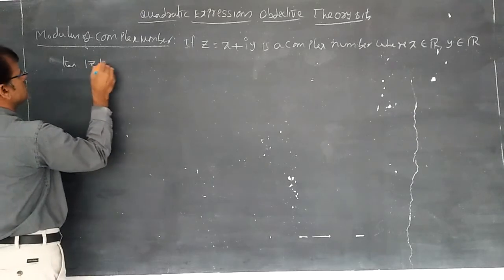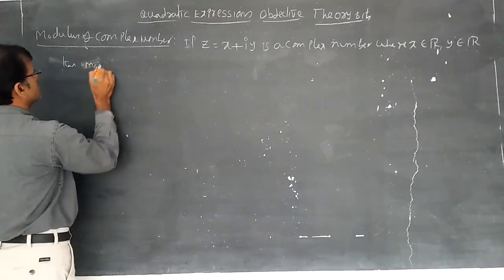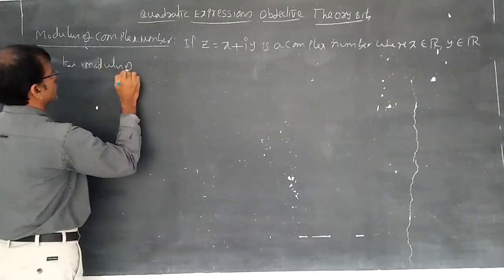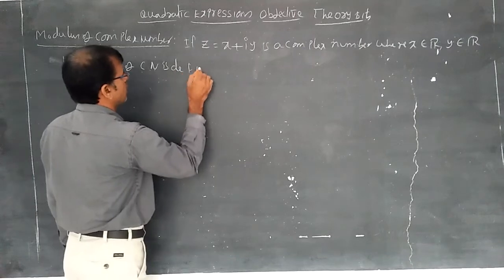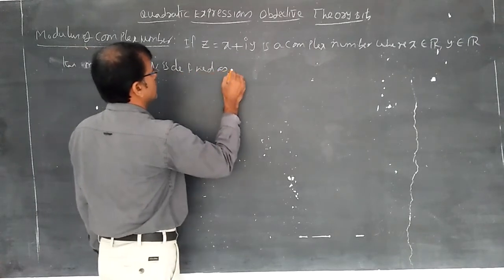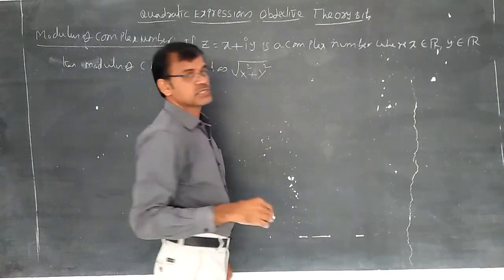Then if z = x + iy is a complex number where x, y belong to R, the modulus of the complex number is defined as the root of component square plus component square.